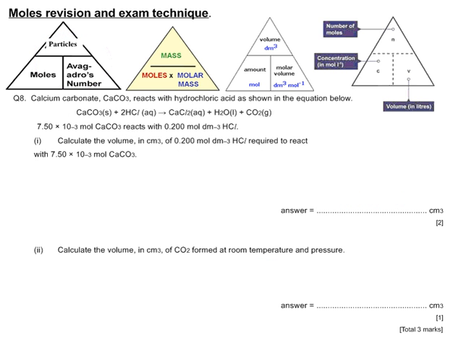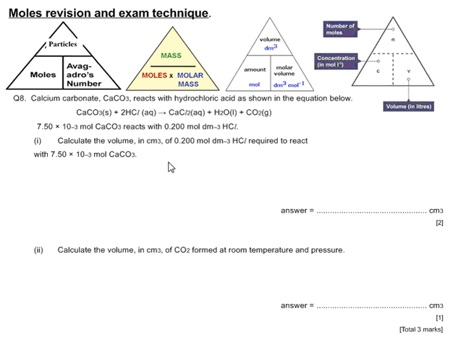Okay, next question. It says calcium carbonate reacts with hydrochloric acid as shown in the equation below. And we know the number of moles of calcium carbonate that reacts with this concentration of hydrochloric acid.